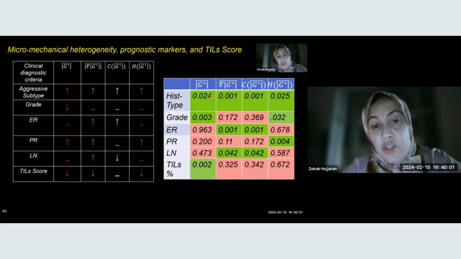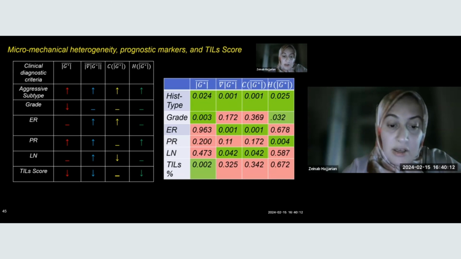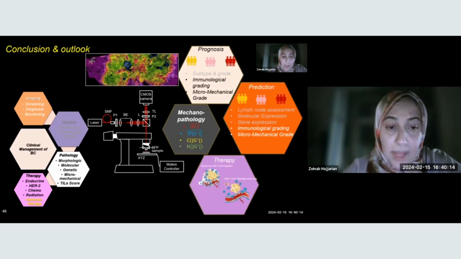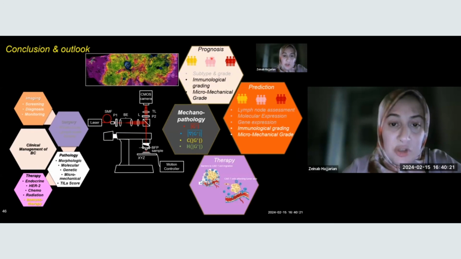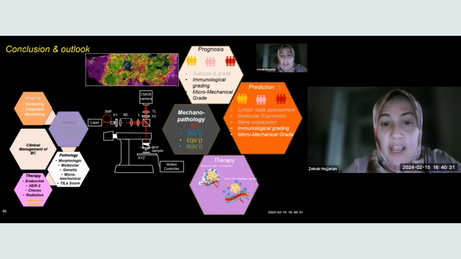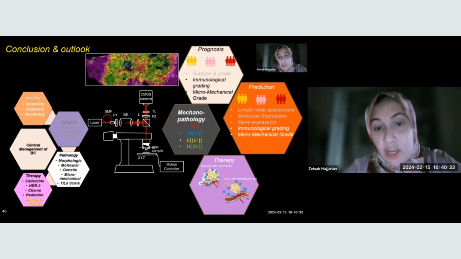So maybe by using these micromechanical heterogeneity indices, we might be able to better streamline the diagnosis and come up with a more cohesive understanding of aggressive phenotype based on the mechanical properties. Moving forward, our goal is to incorporate these micromechanical heterogeneity indices in the context of prognosis, as we talked about, to help with streamlining the subtyping and grading of the tumor cells, and also maybe help to predict the response to different types of therapy.